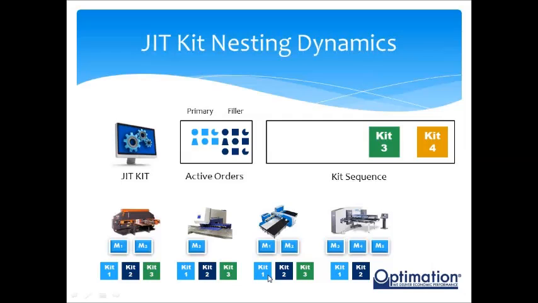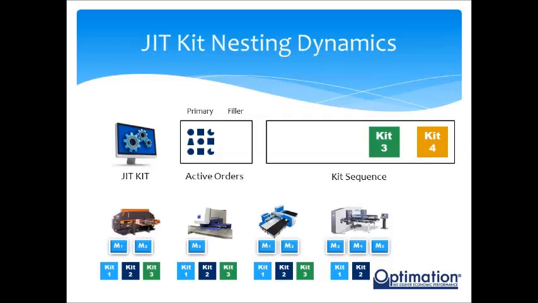You can see that most of these machines have 3 kits. This machine's limited to 2. This also allows you to manage the congestion on the output side of the machine and make it simple for the operator to segregate by kit and to manage your flow out of the nesting machines as well. As we finish the primary kit, the filler kit gets promoted to become the primary kit.